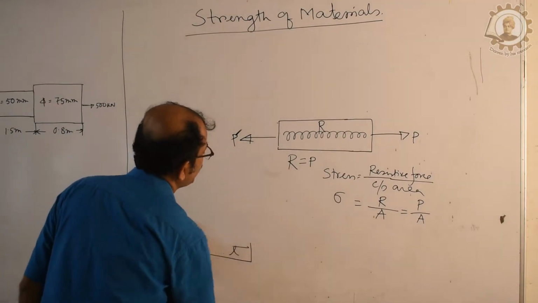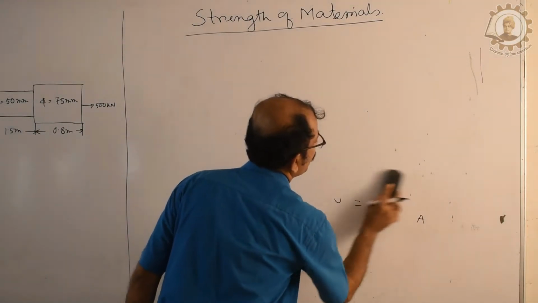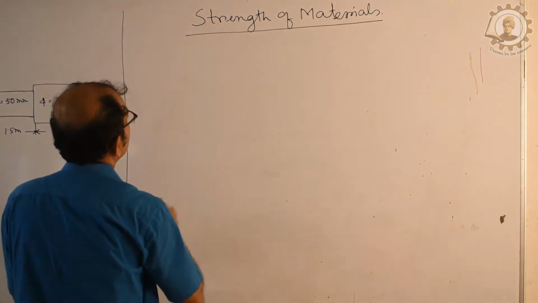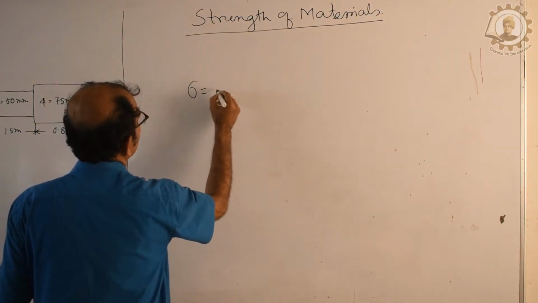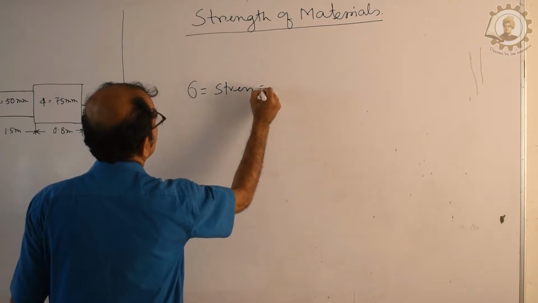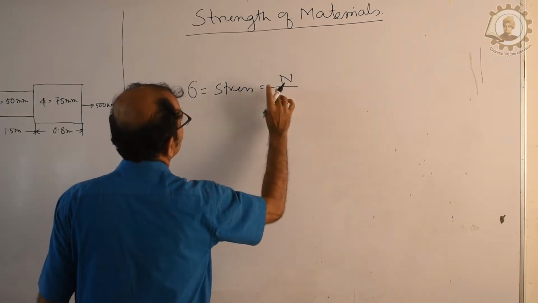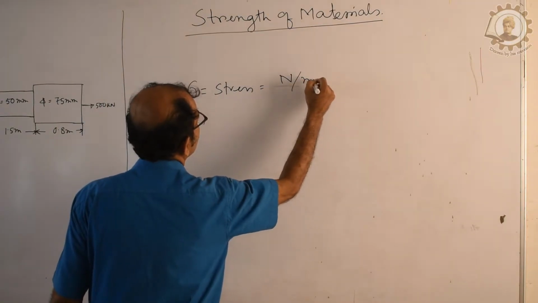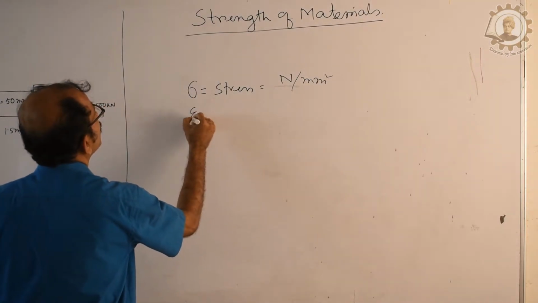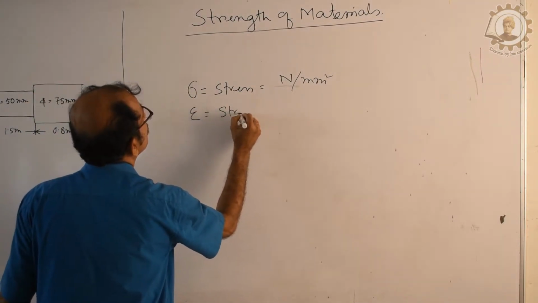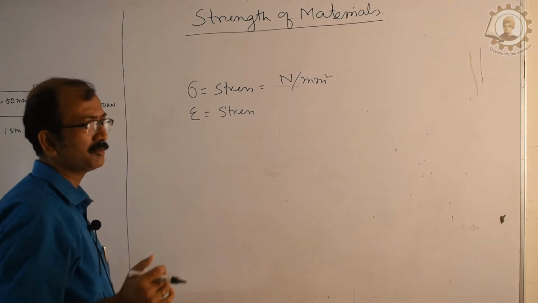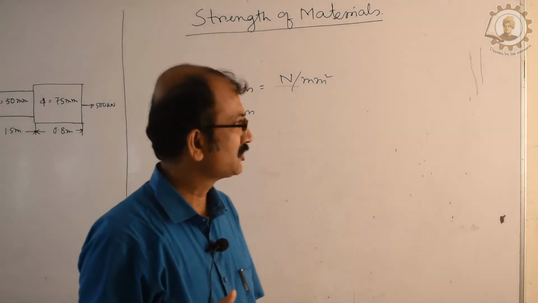So we write here, sigma equals stress, that is Newton per millimeter square, and strain is the ratio of the two lengths, that's why it is unitless.